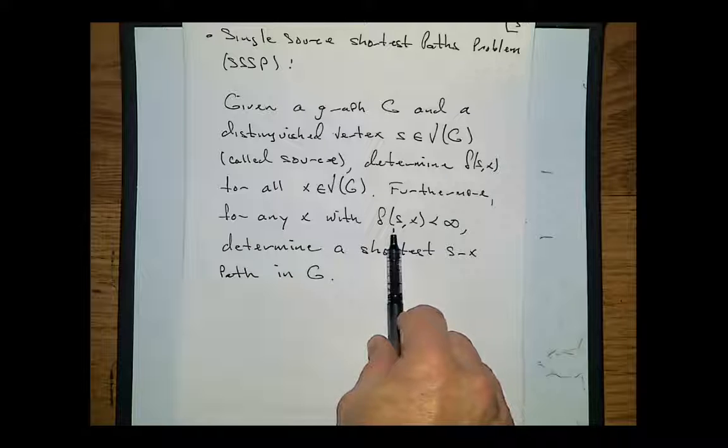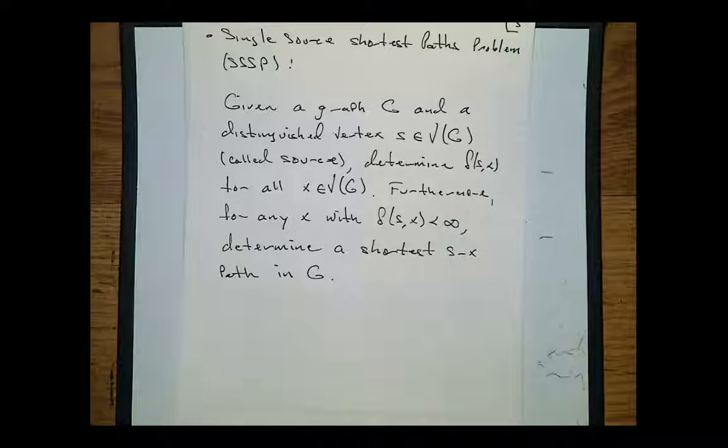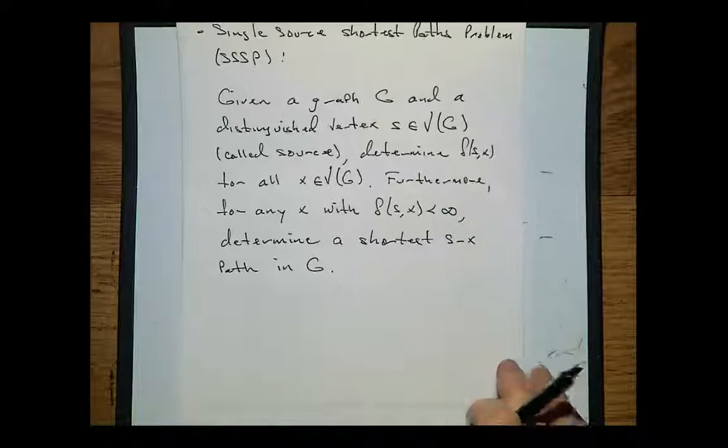So doing a brute force search through all possible paths might be unfeasible. However, there is a very efficient way to do this. It's called breadth-first search, and you're going to implement that in PA4.